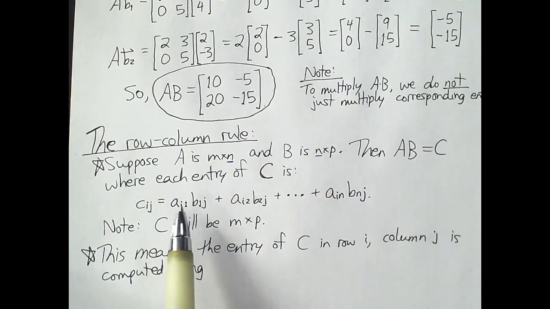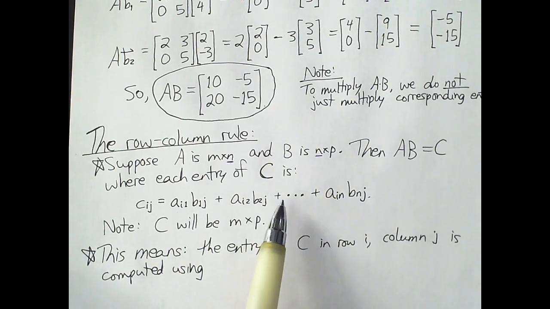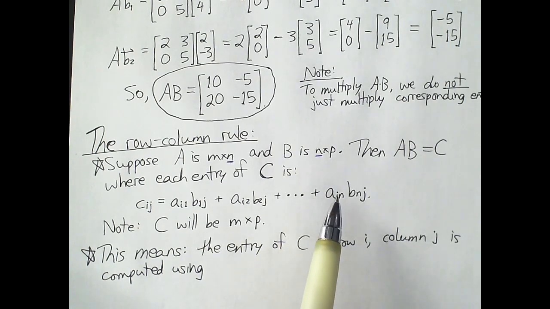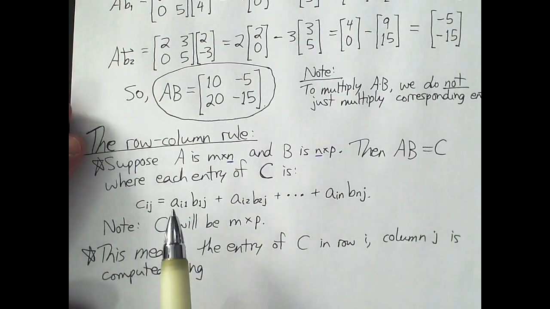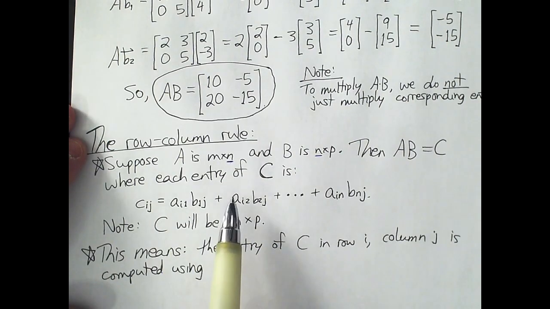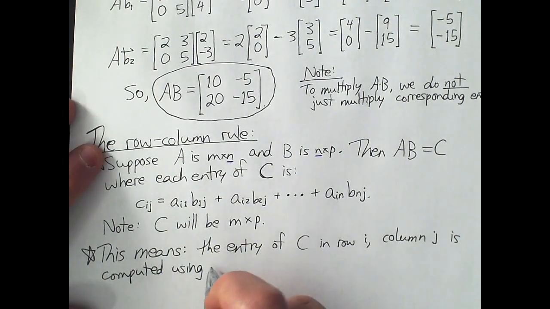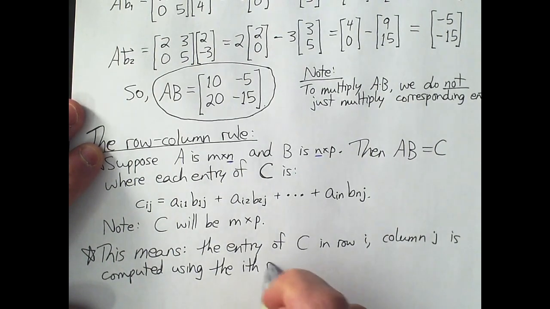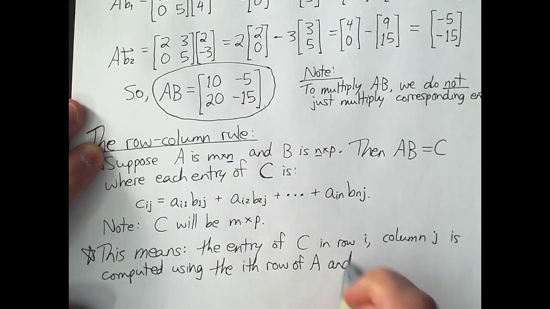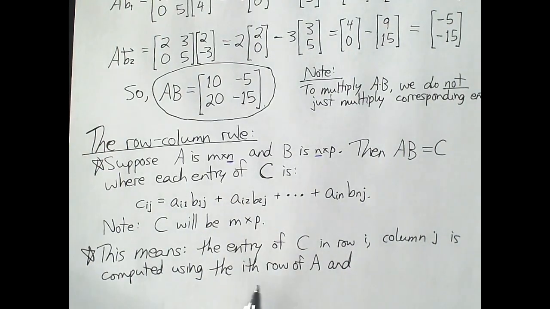We used A_i1, A_i2, A_i3, A_i4, A_i5, all the way up to A_in. I'm going to say that A_i1, A_i2, etc. means we are using the ith row of A. Because what's the ith row of A?